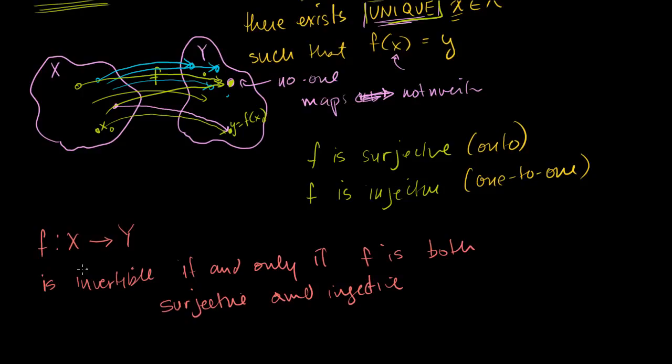Or we could say that f is invertible if and only if f is onto and 1 to 1. These are really just fancy ways of saying that for every y in our codomain, there is a unique x that f maps to it. There isn't more than one, and every y does get mapped to.